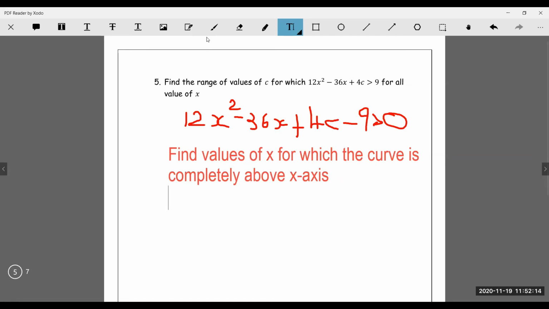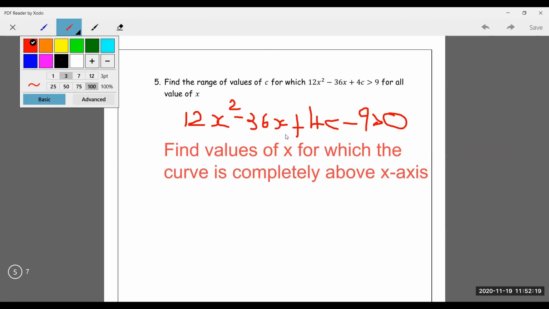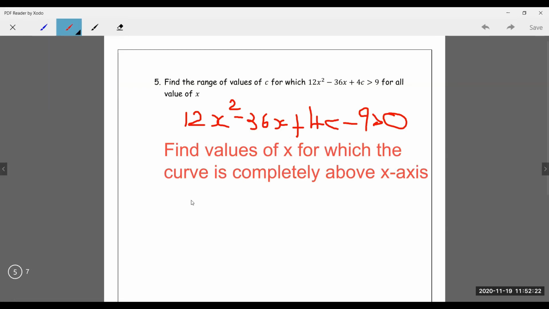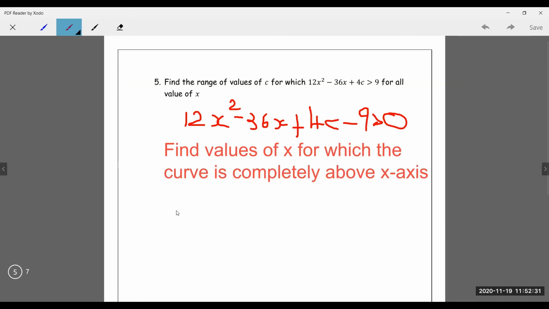To tackle this question, we're solving b squared minus 4ac is greater than 0. b is the coefficient of x, so b squared is negative 36 squared, minus 4 times a, and a is 12, times c, and c is 4c minus 9.